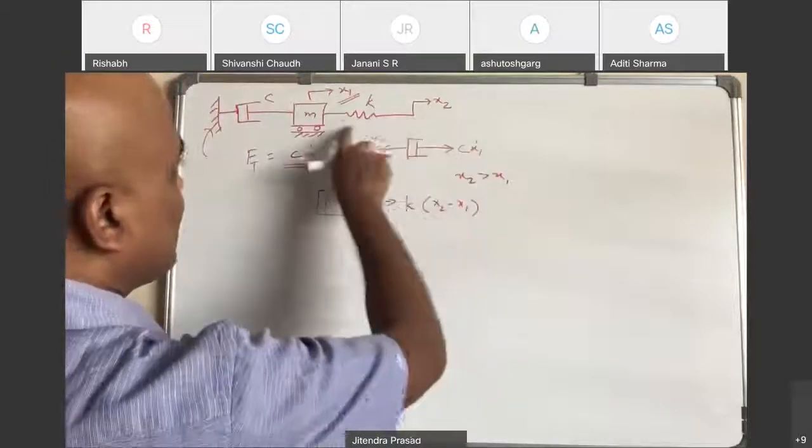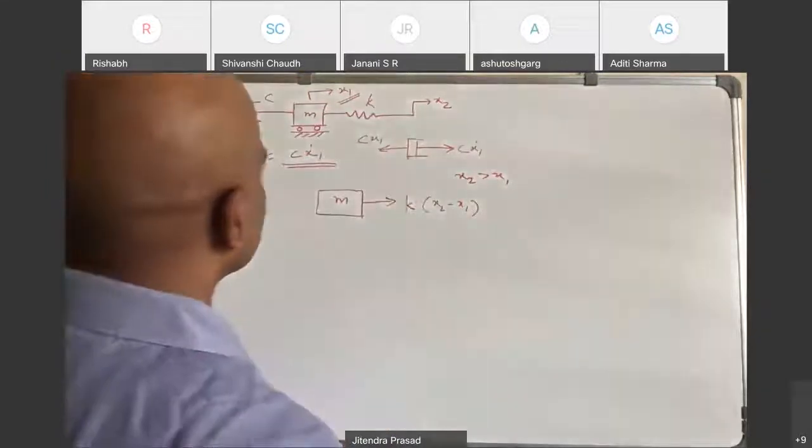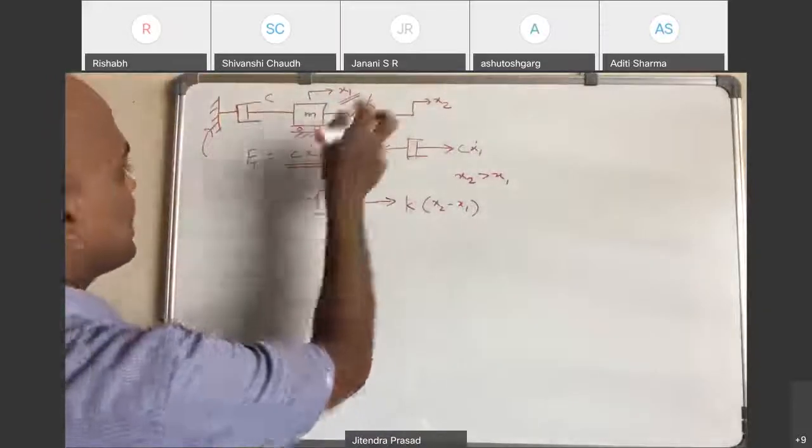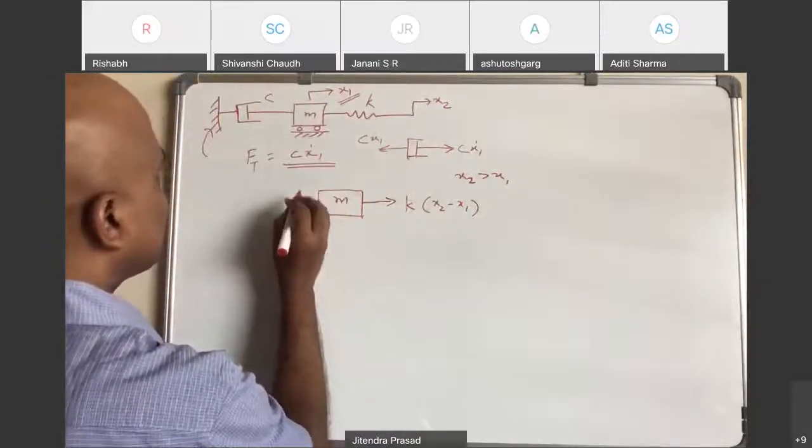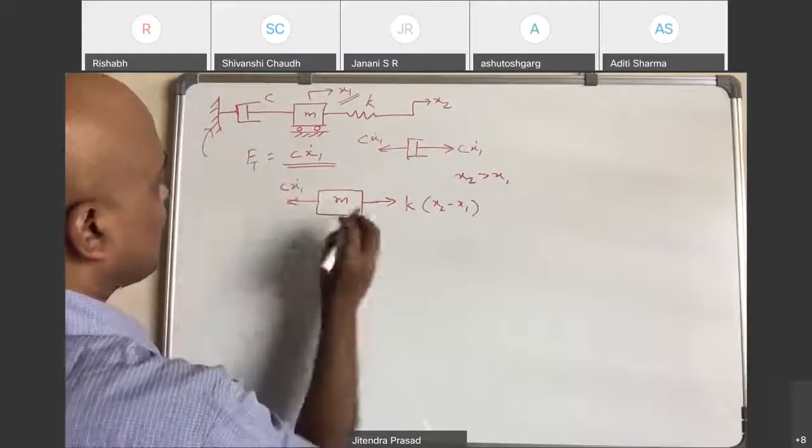This is by which it is stretched, and the force will be this way. Here x1, so the force from the damper will be c x1 dot.